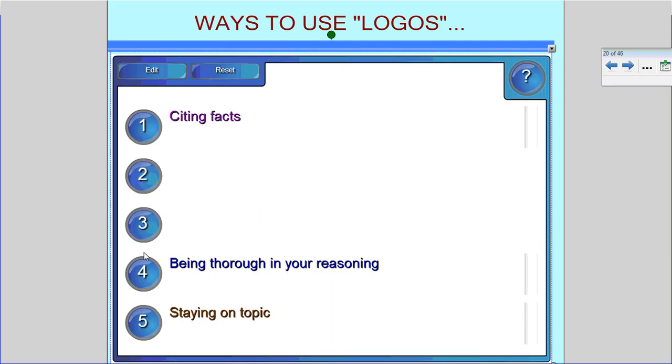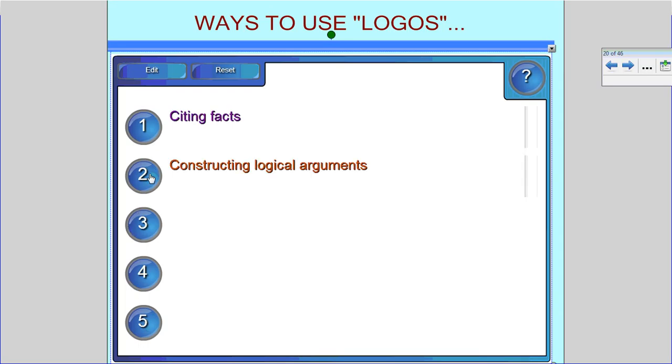So how do we do this in our writing? Well, I'm going to get rid of these as we go through and talk about them one at a time. You first need to make sure that you cite your facts. So be sure to give credit where credit is due. Also, construct logical arguments. Your evidence should build off each other within your body paragraphs. So your second piece of evidence should also have something to do with your first piece of evidence. Use those pieces of evidence to build and strengthen your arguments.